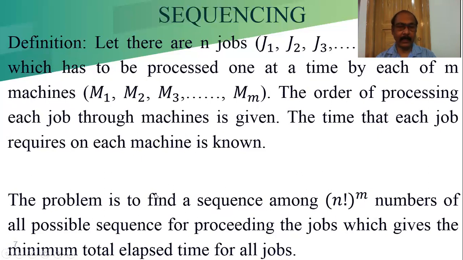If we arrange the sequences considering all combinations, we will get (n!)^m combinations for processing the jobs, and we want the one which gives the minimum total elapsed time for all the jobs.